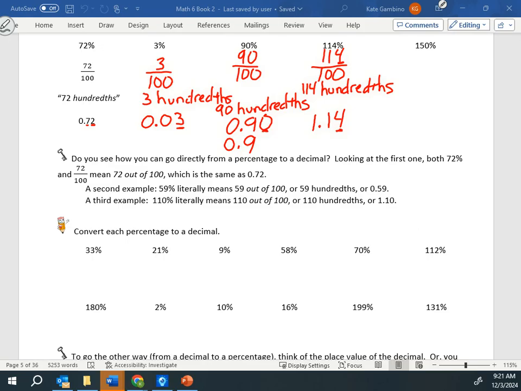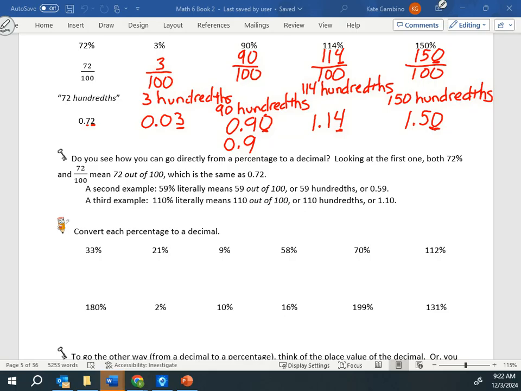Fraction first. 150 over 100, so we call that 150 hundredths. If it's 150 hundredths, what would our decimal look like? Lexi? 1.50, because that last number of our numerator needs to be in that hundredths place and we fill in before it.